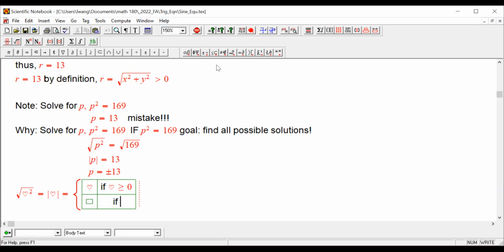If the heart is negative, this is absolutely important. You could easily lose points because of that, and you also need this in your calculus classes. I said you need it not only in calculus 1, you also need it in calculus 2, and I wouldn't be surprised if you use it in calculus 3. If you have trouble with that, please make a visit to my office, okay?